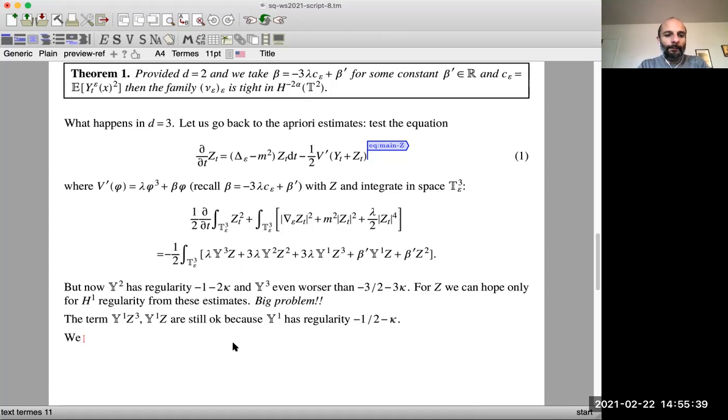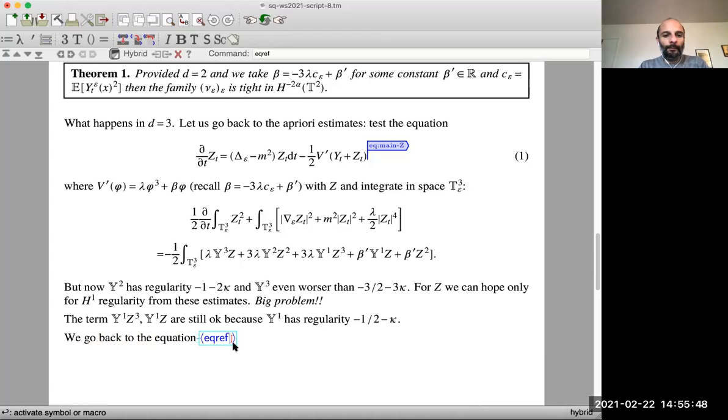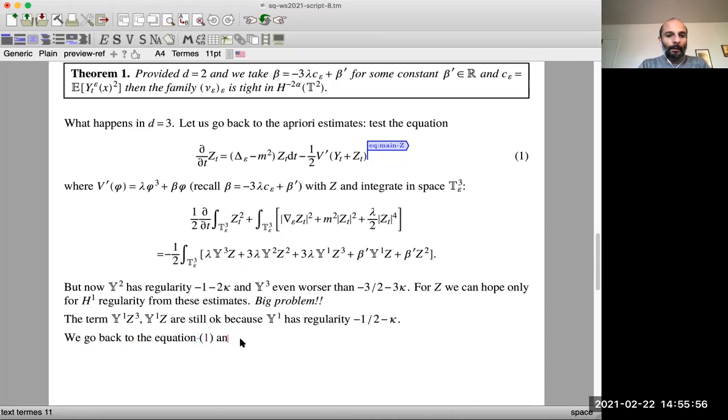So we go back to the equation, and write it more explicitly.